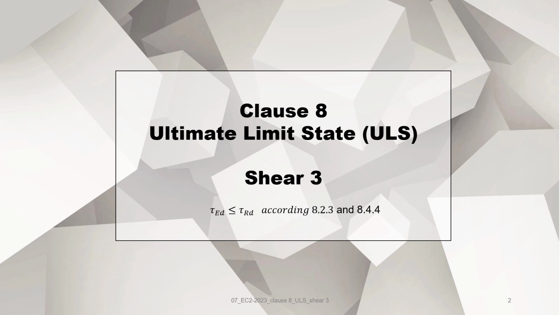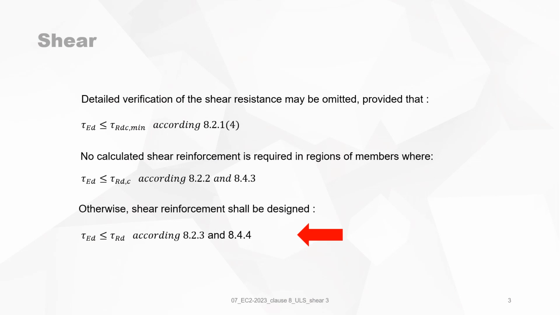This video deals with clause 8, ultimate limit state, and it's the third video on shear. You have to follow 3 basic steps when you are dealing with shear reinforcement.